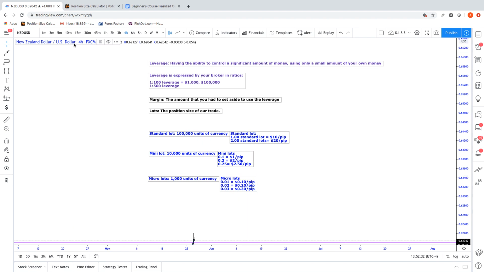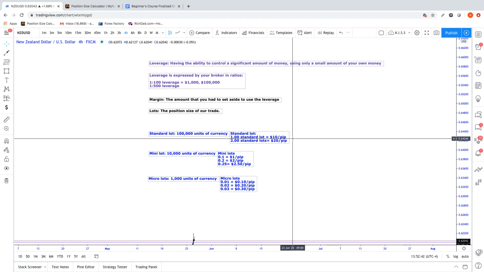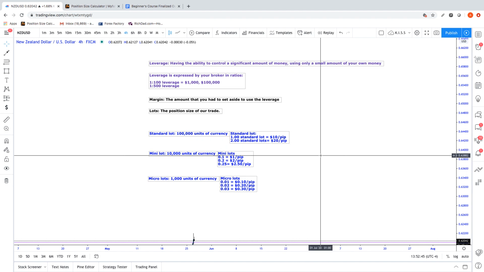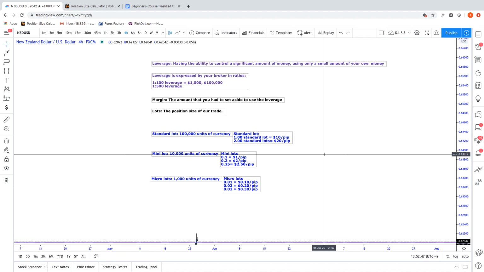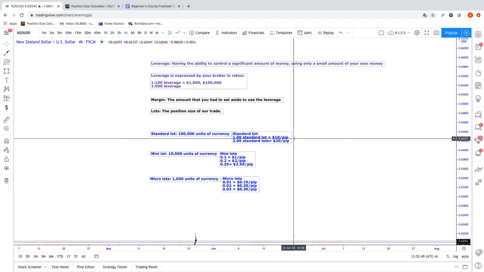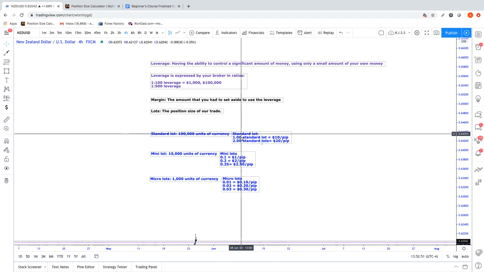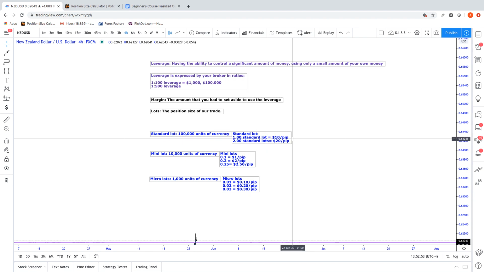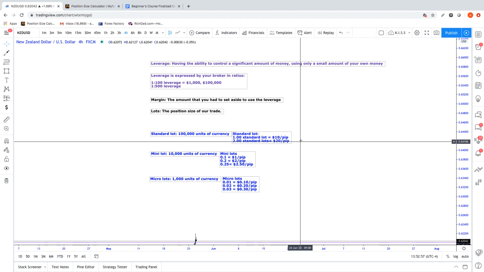Just for an example, if the pair ends in Canadian dollar, a standard lot would typically only yield about $7.50. You don't need to get much into the why. But essentially, a full standard lot would not yield you $10 a pip. It would yield about $7.50, so you get about 75% of that.